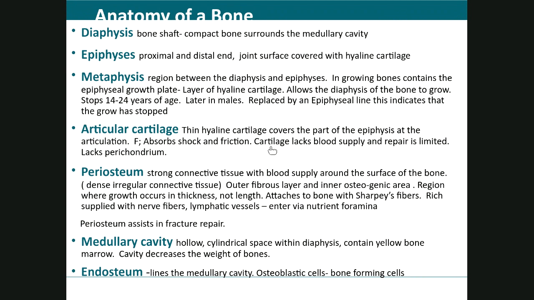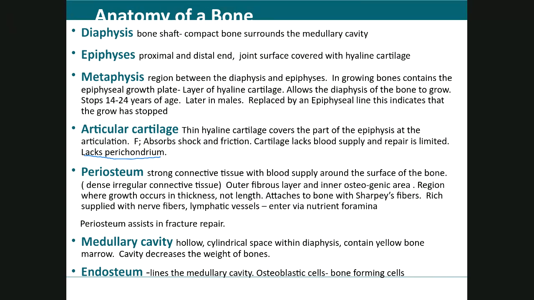So it's important to note that this articular cartilage lacks a perichondrium. Remember, when we talked about tissues, we learned how cartilage is avascular. The method by which it gets its nutrition is through a thin layer of perichondrium, which supports the cartilage.